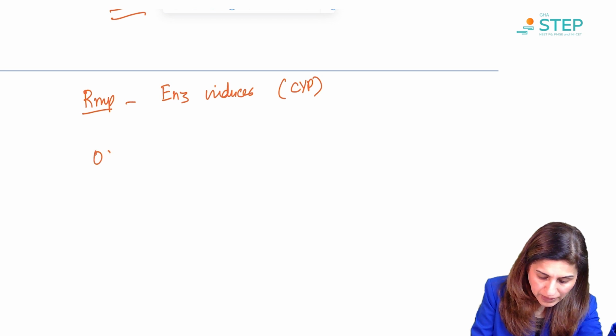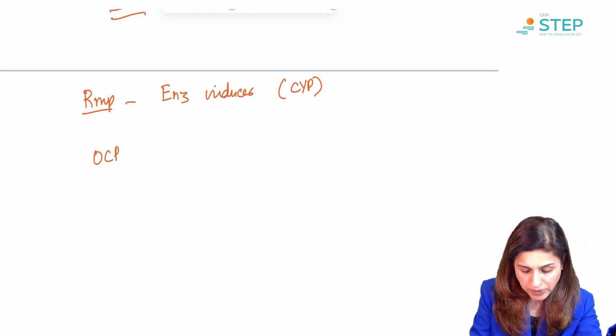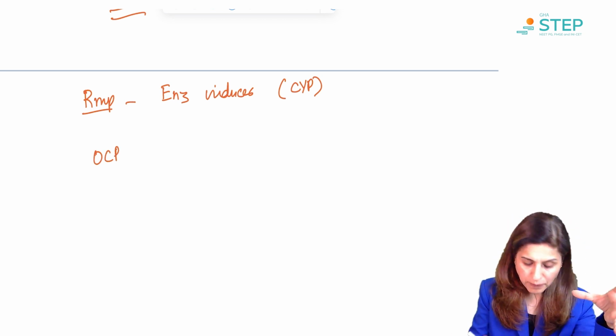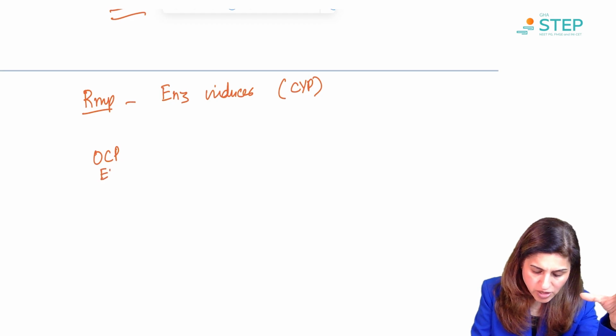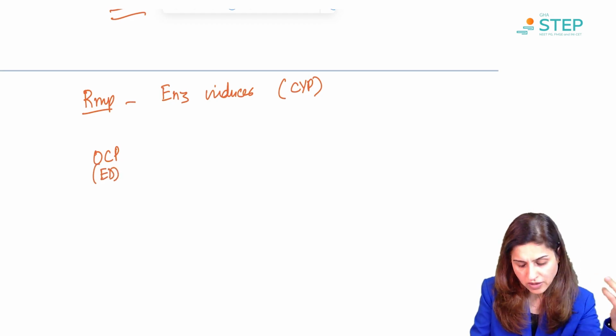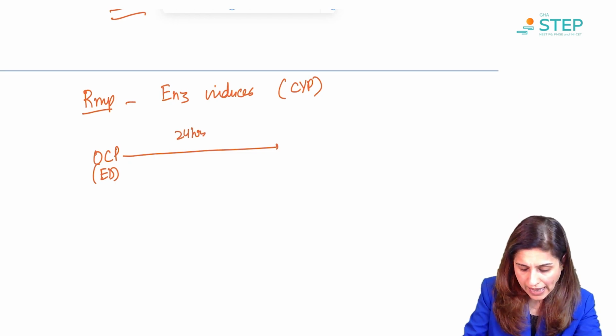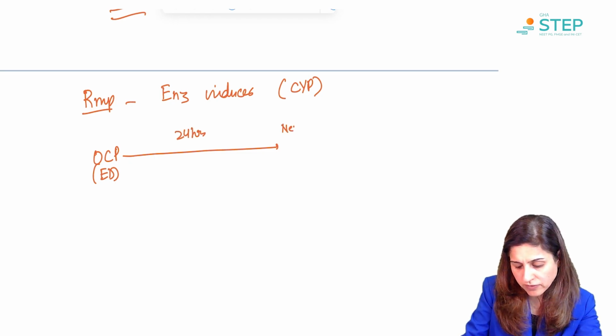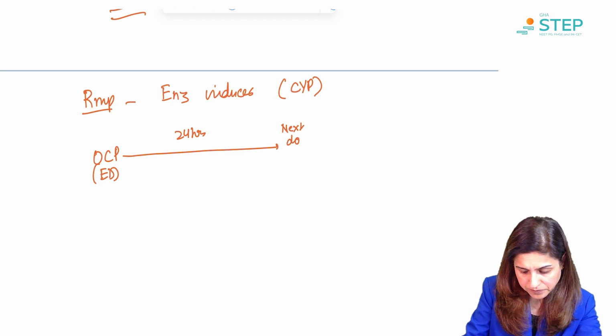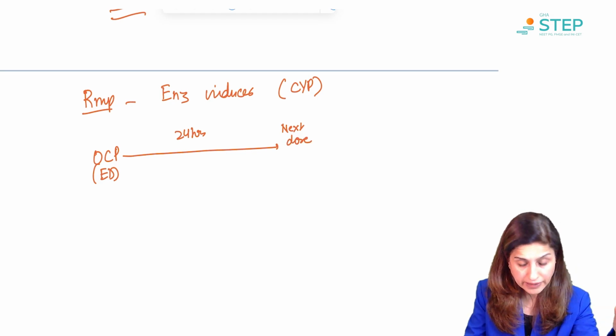Let's say the patient was taking an OCP, an everyday pill, one pill every day. Why one pill every day? Because this OCP, let's say, was getting metabolized in a period of 24 hours, and the next dose would be given after 24 hours. So the female is protected.